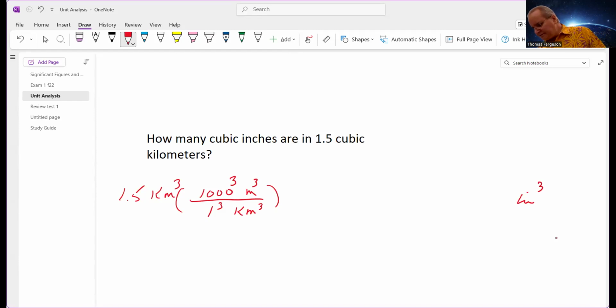Meters to centimeters. Now I'm going to go from centimeters to inches.